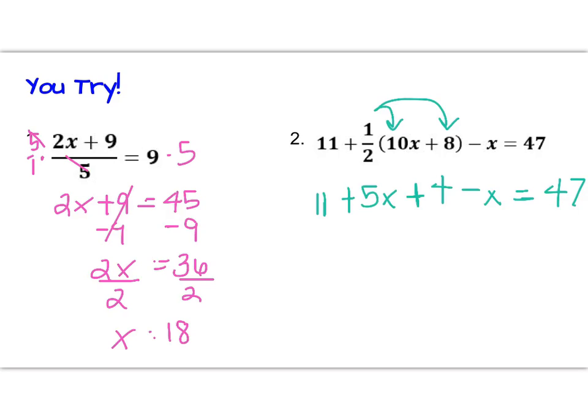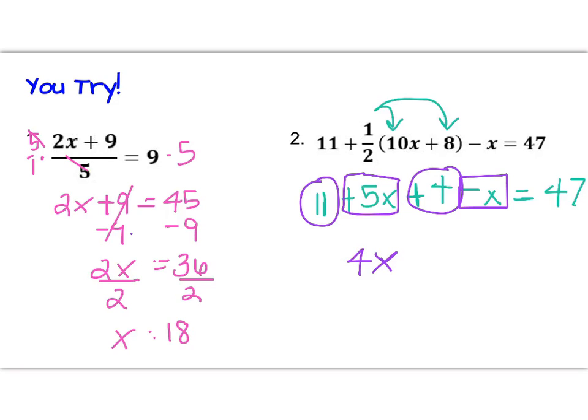Combine my like terms, which are a positive 5x and a negative 1x, a positive 11, and a positive 4. So 5x minus 1x is 4x. 11 plus 4 is 15. And it still all equals 47.